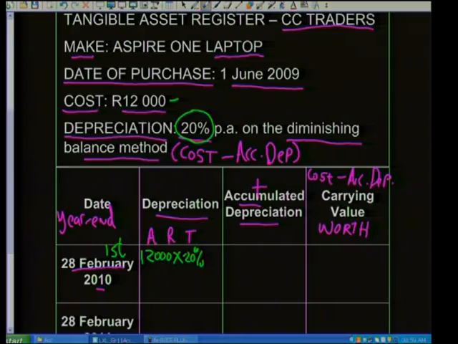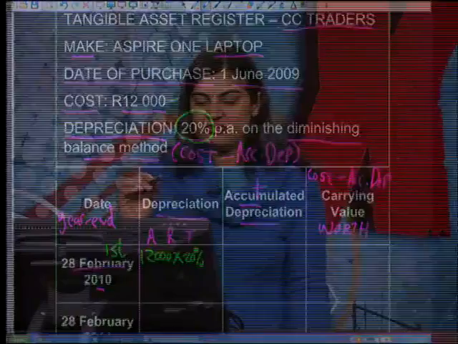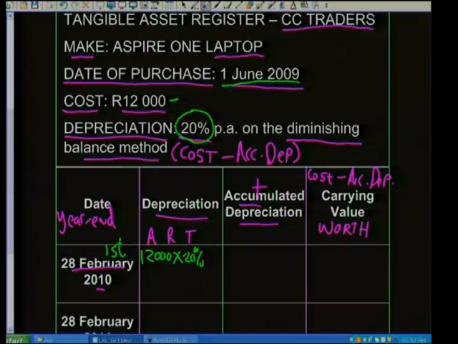And then I get to time. Now be very, very careful here guys, because remember, we need to look at the date of purchase of this asset. Now this laptop was purchased on the 1st of June 2009, which means if we look at the actual financial year, so remember your financial year ends on the 28th of Feb 2010, which means it started on the 1st of March 2009.